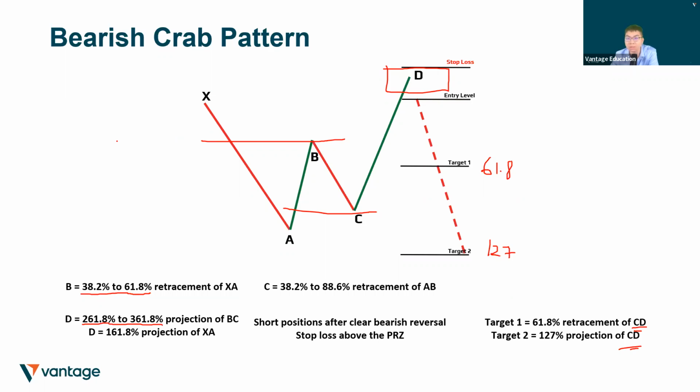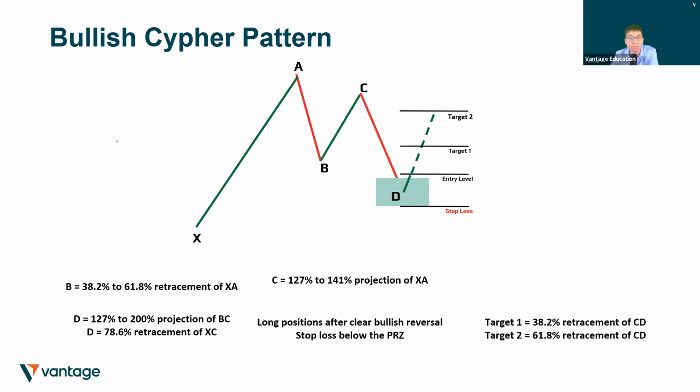Okay, let me continue. Next we have the bullish cipher pattern. The cipher pattern has a high frequency of appearance on charts. High frequency does not mean the most accurate. That's why I keep emphasizing you guys to use the BATS. So B is 38.2% to 61.8% retracement of XA.